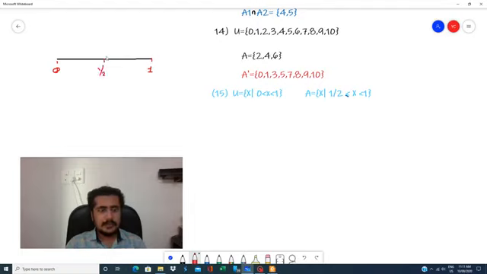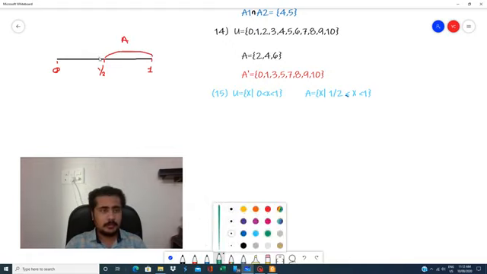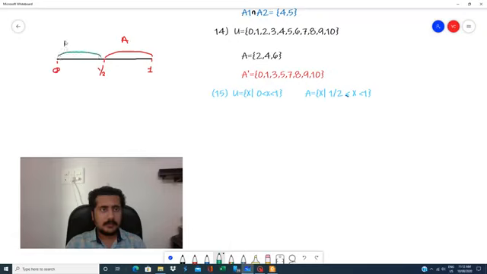Now they are saying that this portion, half to 1, is in A. If this portion is in A, then the rest of the portion will be A dash.